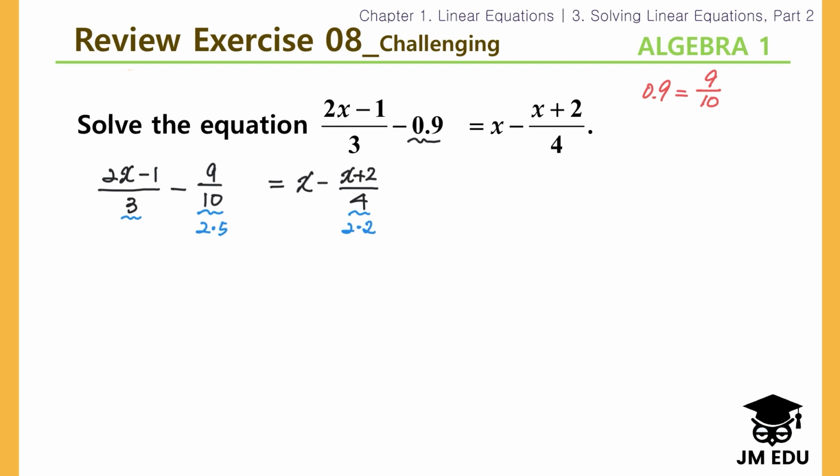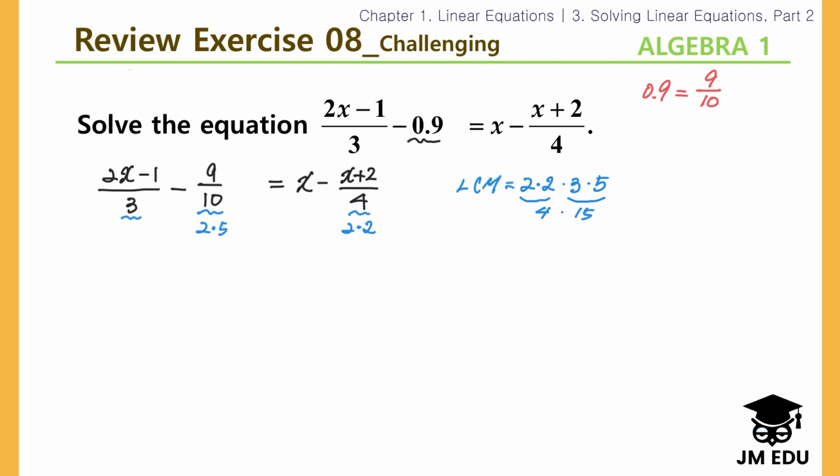So for the least common multiple, we need at least one 3, two 2's, and one 5, right? So the least common multiple is going to be two 2's and one 3 and one 5. So that's 4, that's 15.